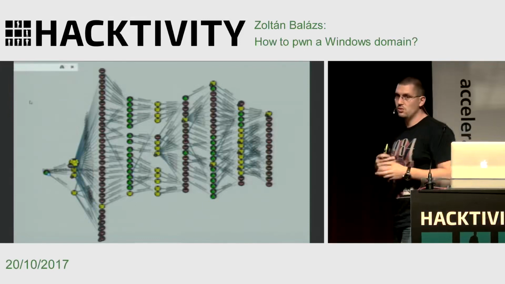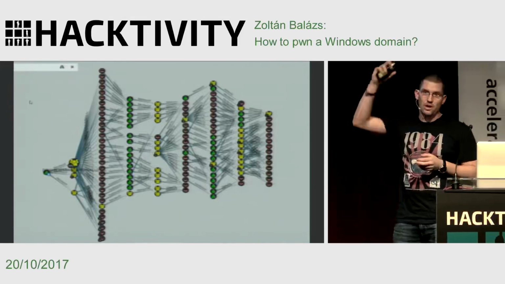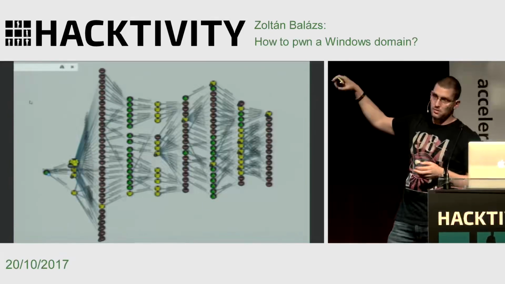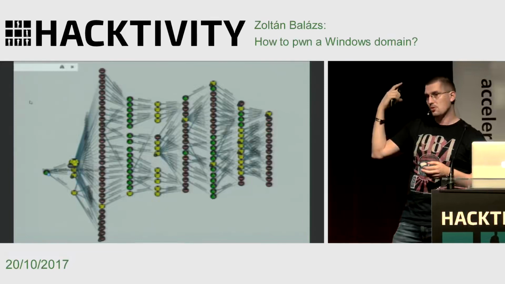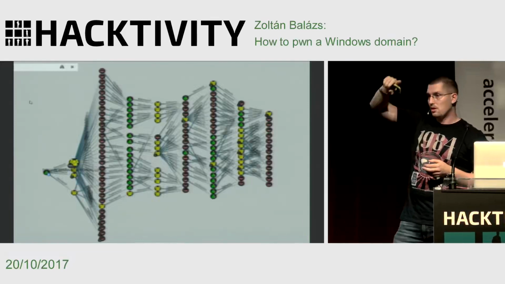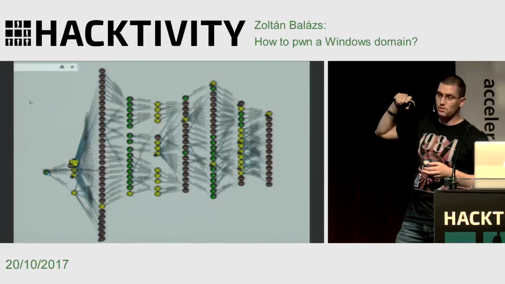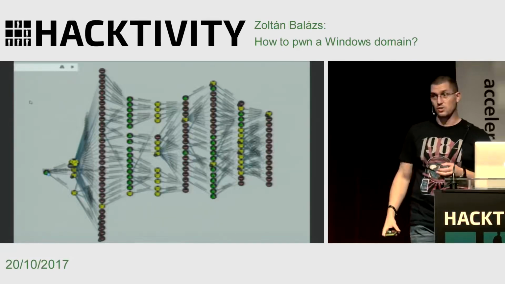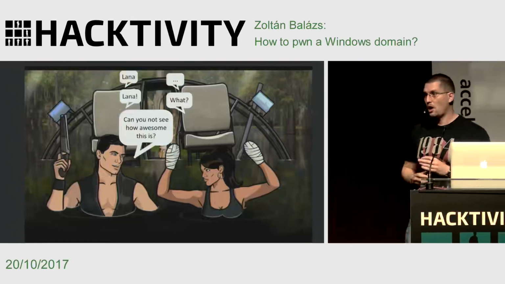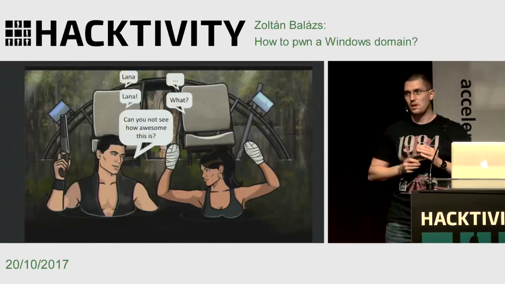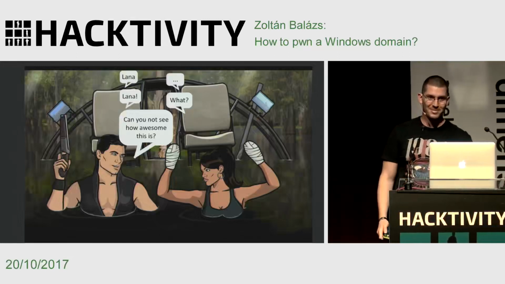If you try to do this by hand during a 1-week engagement, maybe you can find 1 or 2 paths how you can do this. But with this tool, you can show your client that these are all the different paths which an attacker can use to reach domain admin privileges in your system. And I find it really cool, and I think Archer thinks this is very cool as well.